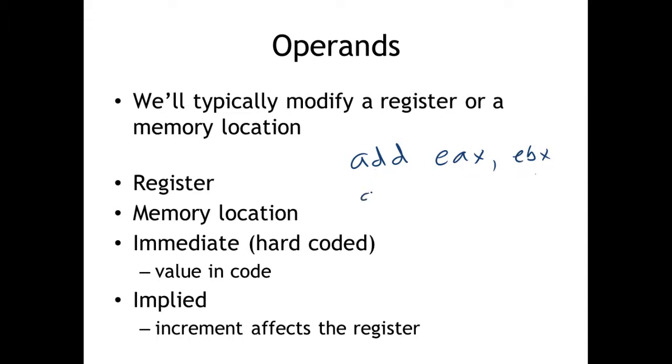We might have add EAX, 7, where this operand becomes a hard-coded value, an immediate, which was actually this right here. So we can use registers, memory locations, and hard-coded values, where you'll see that value directly in the code. It might also be implied, such as an increment, where the implied operand is to add 1 to the current register.